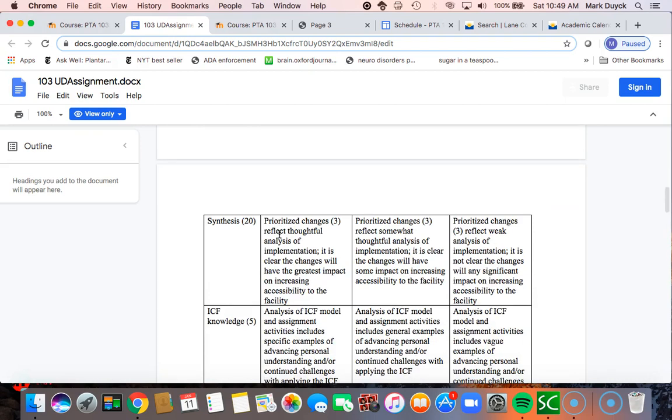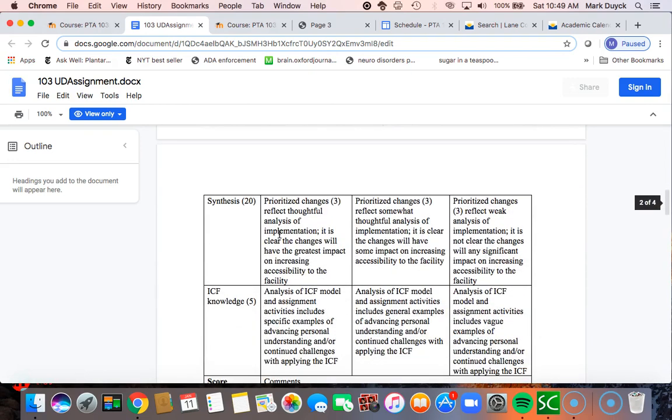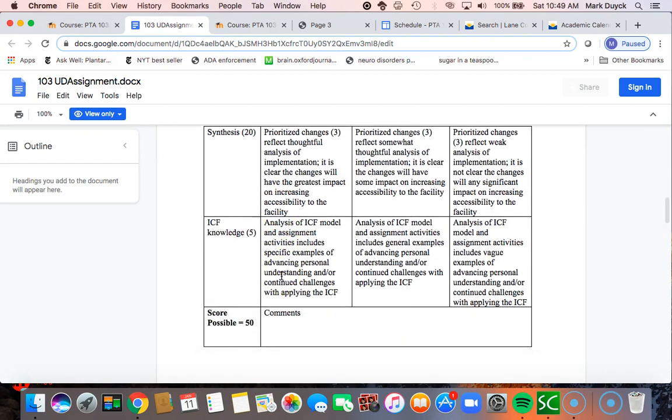Then prioritize changes, reflecting thoughtful implementation. These are the changes with the greatest impact on accessibility to the facility. If you recognize the problems and have your suggestions for changes, here you're going to synthesize the greatest impact in assessing the facility. And then ICF knowledge. You learned the ICF model fall term, and this is using specific examples of applying the ICF model, such as looking at access and participation, and the environmental factors that may be present, but particularly participation.